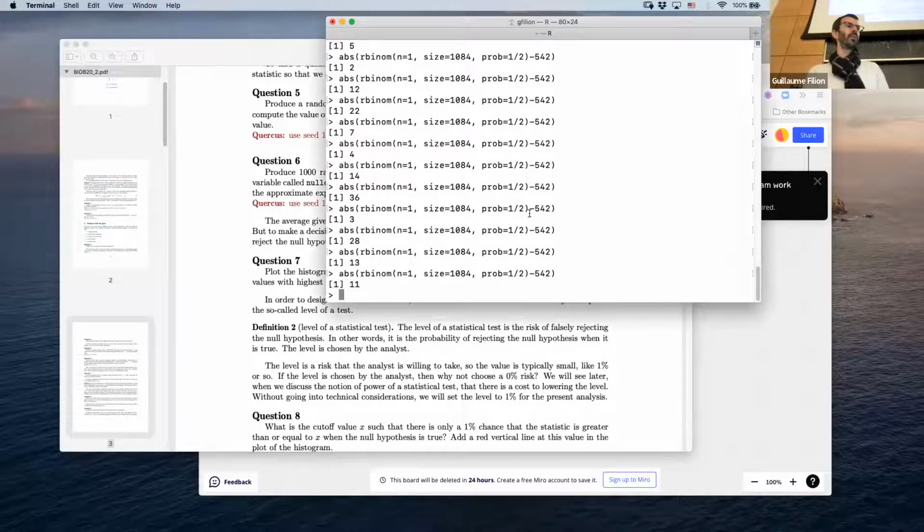So here we go. How do I do this? What's the thing that I change here? N. We said here n equals 1, that's not what we want. We want 1,000. What was the equivalent last week to produce a lot of random samples? Replicate. This time we don't need replicate.